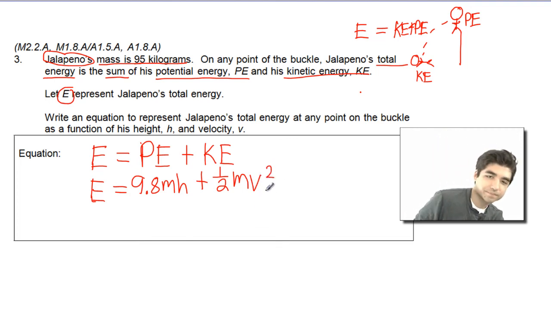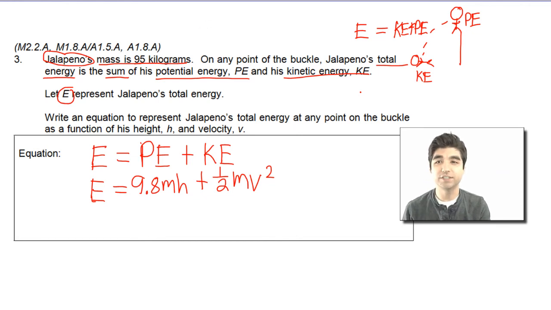And then we don't know what H is, and we don't know what V is. That's what we're writing the function in terms of. But we do know what the M is, so we can go ahead and replace that.